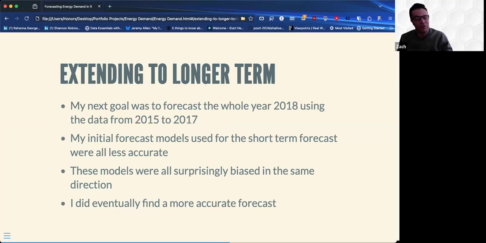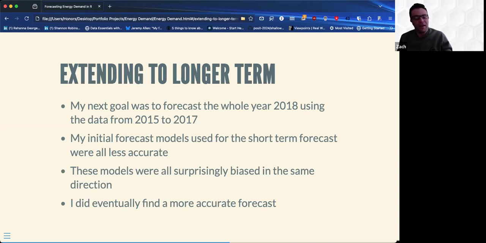So going on to the next phase of the project, I wanted to forecast on a much longer time frame. So the idea this time was to take the first 3 years of the data set and forecast the last year. And this time, accounting for all of those kinds of seasonality would be very important. It would be much more important than just that narrow time frame I focused on at the beginning.